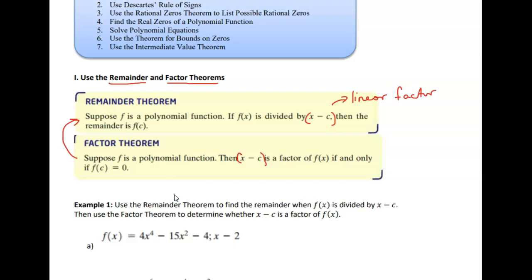Think of regular numbers. If I divide 12 by 3, I get 4 with a remainder of 0, so 3 is a factor of 12. If you divide 13 by 3, you get a remainder of 1, so 3 is not a factor of 13. That's what the factor theorem says.